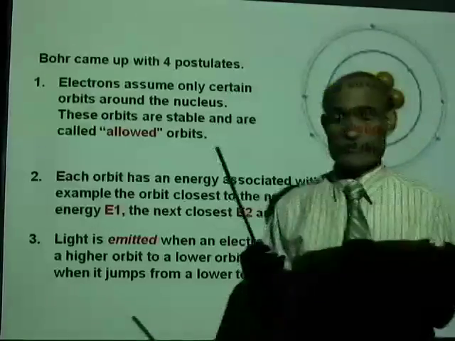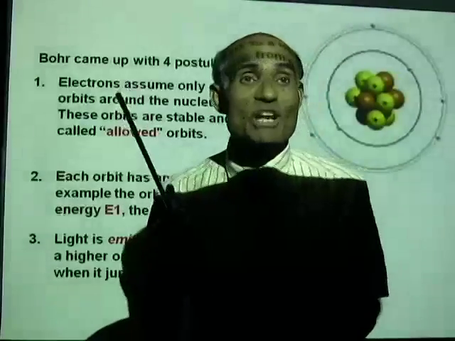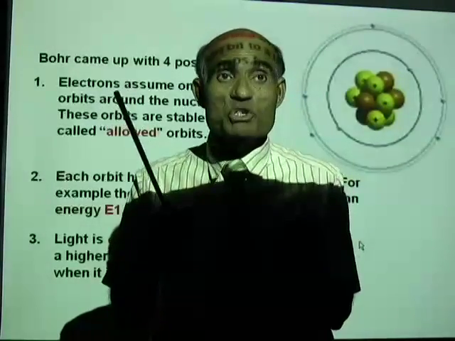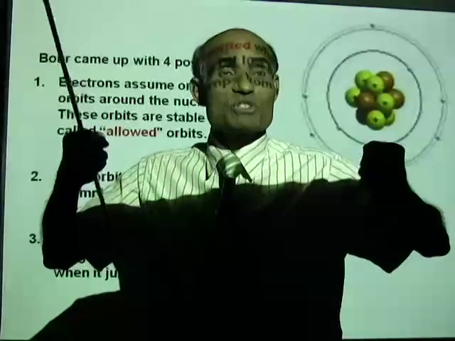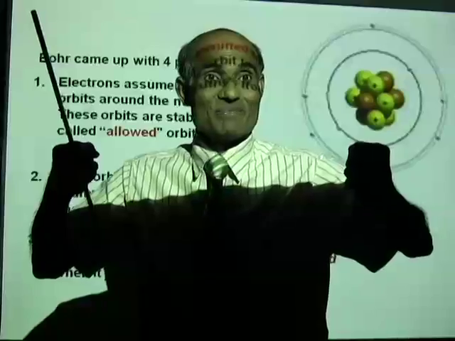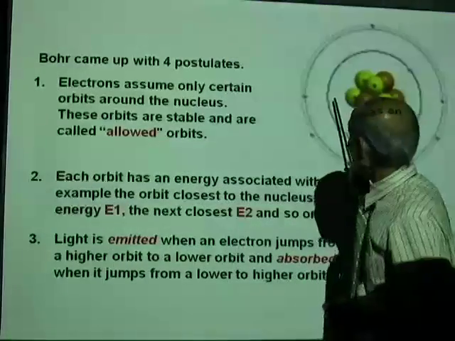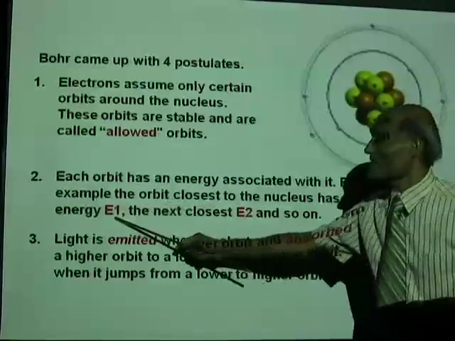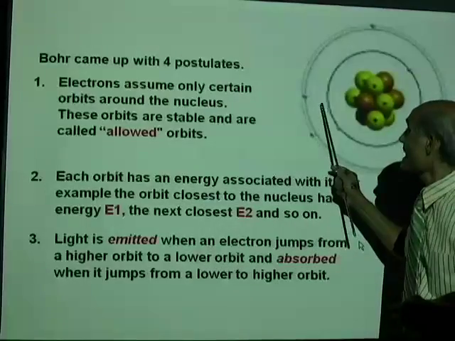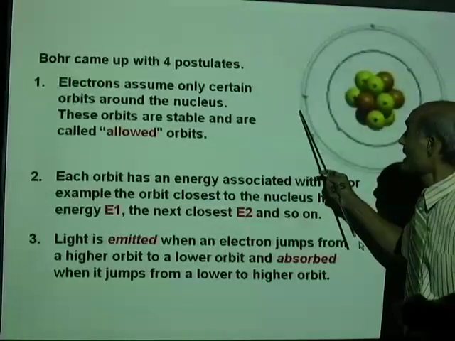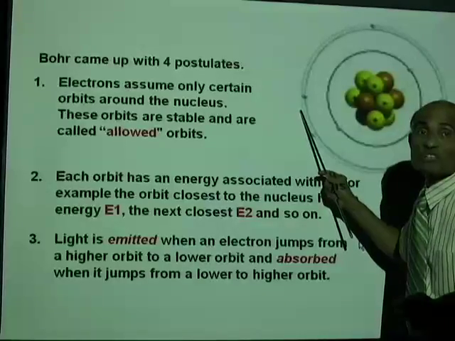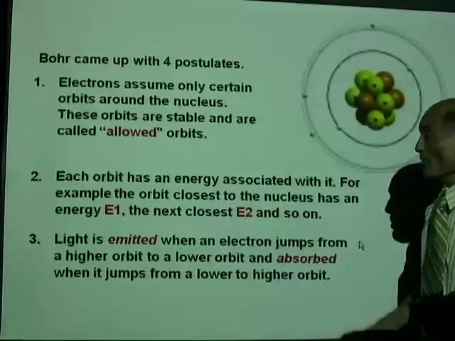You know, in mechanics we talked about the potential energy. The potential energy is greater as the distance between the objects increases. Is that right? And therefore, the energy of the inner orbit, E1, is less than the energy associated with the second orbit, which is less than the energy associated with the third orbit, and so on.